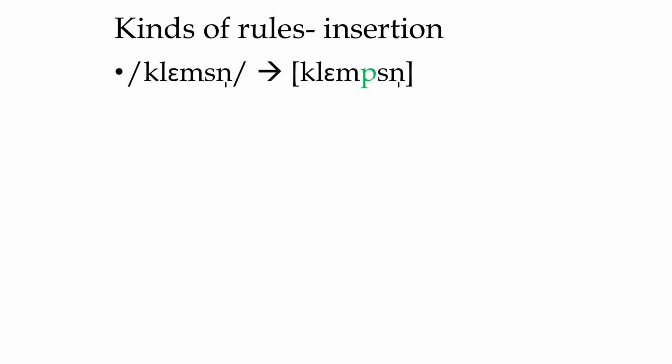There are rules that explain what allophone of a phoneme I would actually pronounce. In an underlying word like Clemson, so this is a university in South Carolina, a lot of times to make it easier to pronounce, people actually insert a sound. We should call this an insertion rule. It takes the underlying sound categories and actually sticks in an extra sound that would split up the ma and the sa.